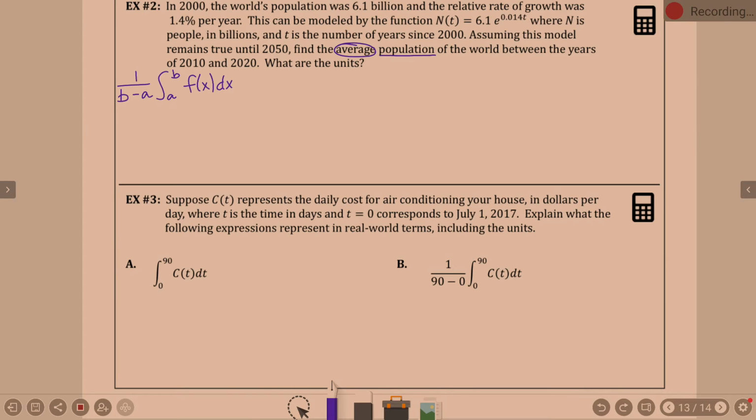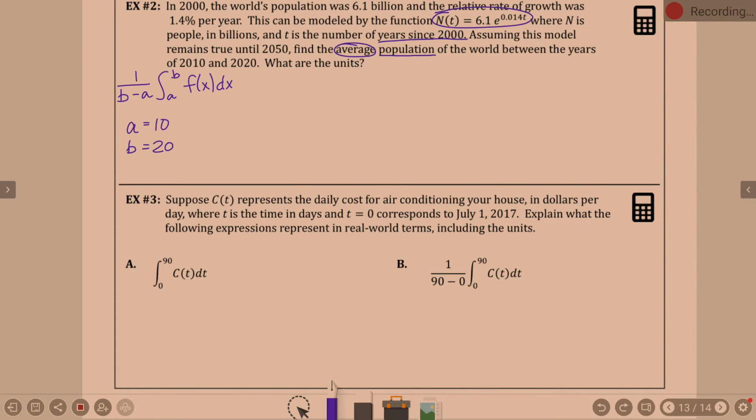20 and 10? 10 and 20? Because notice it was years since 2000. So if we're talking 2010 and 2020, A is going to be 10 years and B is going to be 20 years since the year 2000. And then our function is provided, yes?